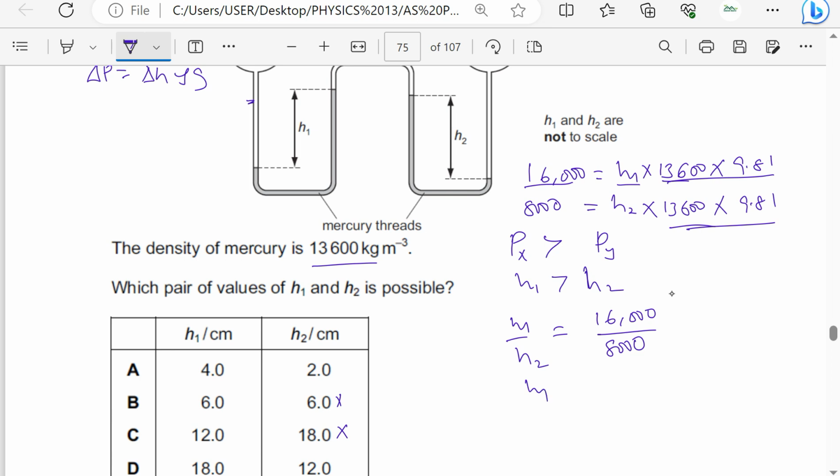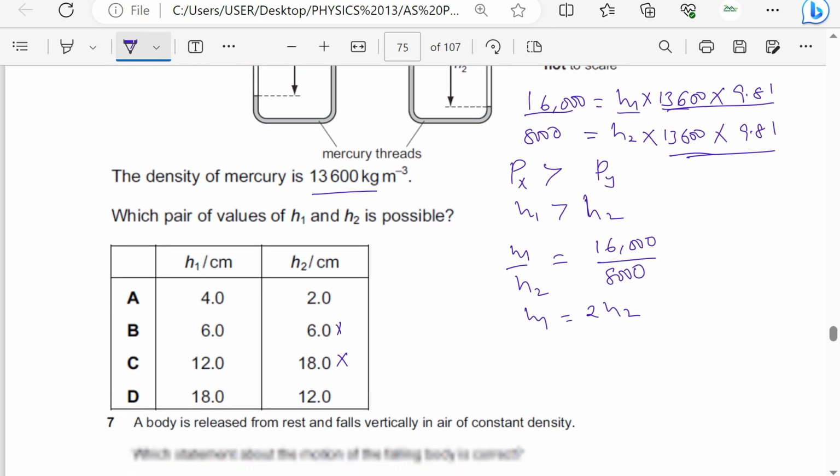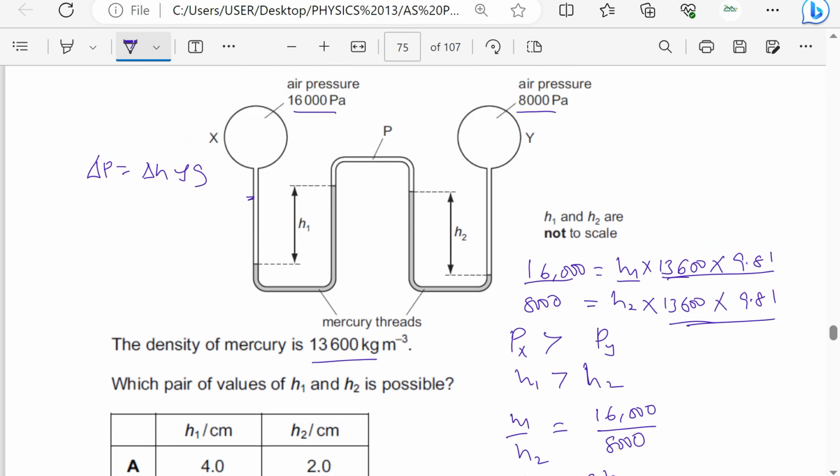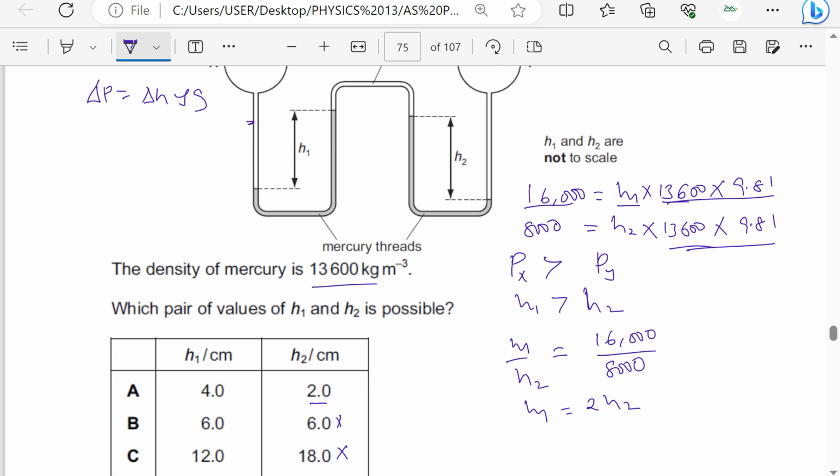So it means H1 is equal to twice H2. If I say H2 is 2, H1 will be 4, of course. But then, okay, let me check what H1 should be.